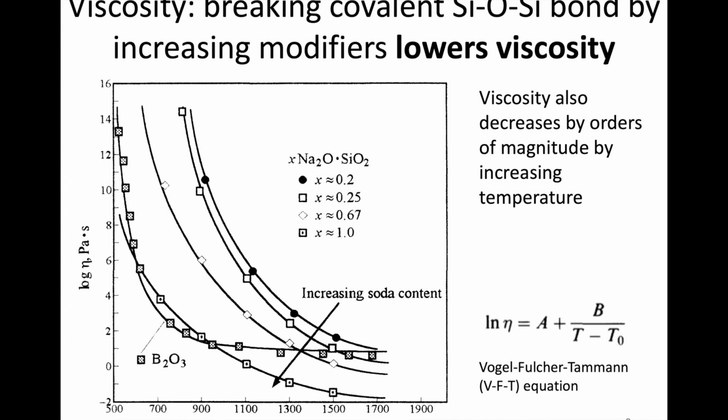That's another thing that comes from increasing the modifiers: we lower viscosity. So things like soda lime glass are less viscous and therefore easier to work at the same temperature. Lowering the softening temperature and lowering the viscosity all help with workability at the industrial scale or the smaller scale as well.